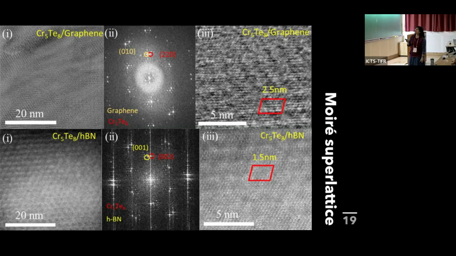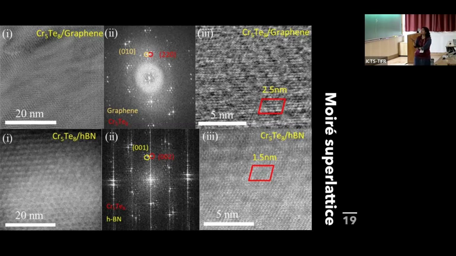And this is the FFT of that. You can see that you have this hexagonal symmetry, and along with that you have some satellite peaks around that. This is generally seen whenever you have a moire superlattice.